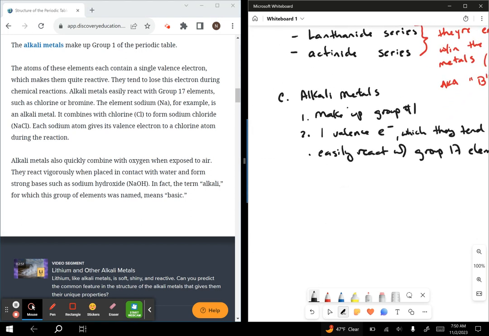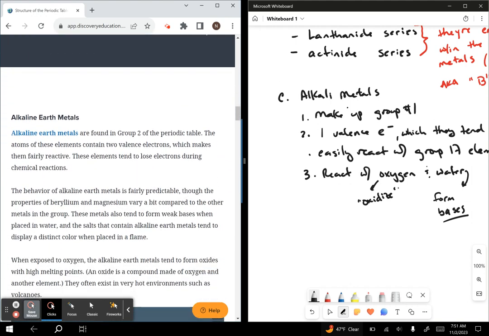Number 3, they react with oxygen, they oxidize, and water, they oxidize. And when they react with water, they form bases. Hence the word alkaline. That's why we call them alkali.